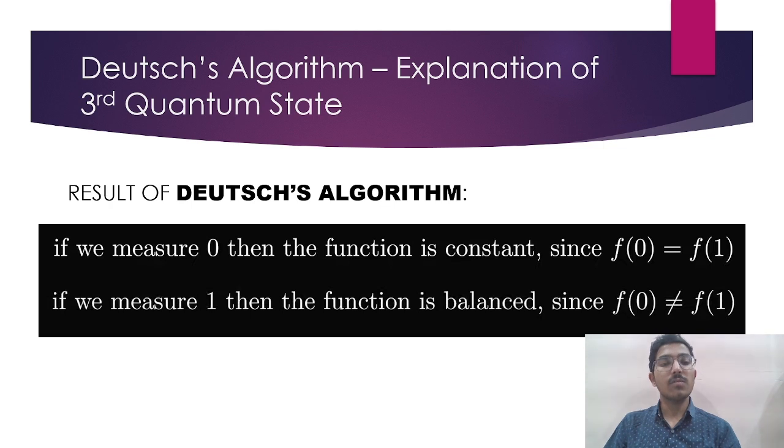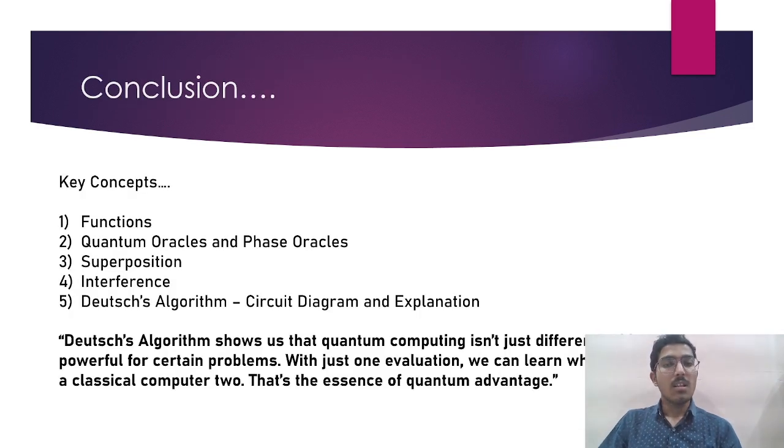Now the result of the Deutsch algorithm. If we measure 0, then the function is constant since f of 0 is equal to f of 1. And if we measure 1, then the function is balanced since f of 0 is not equal to f of 1.